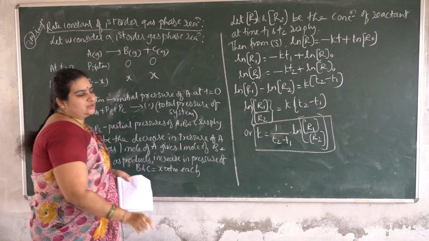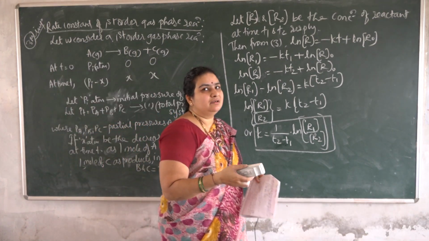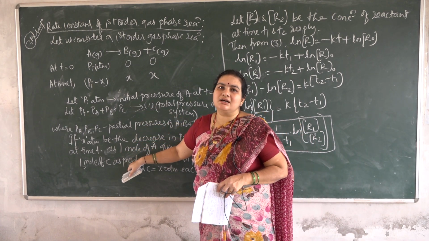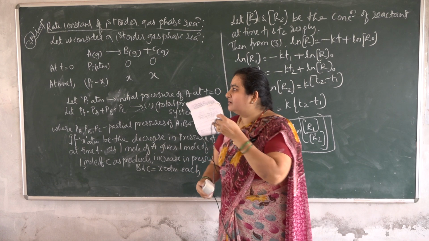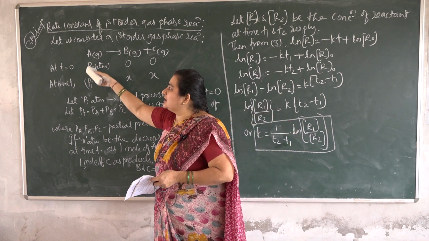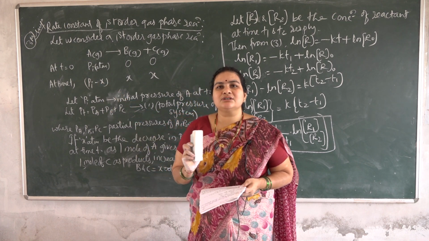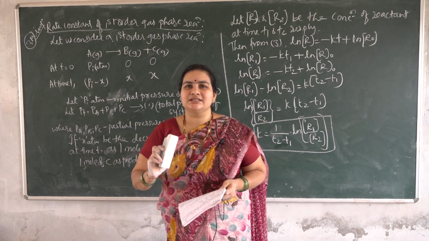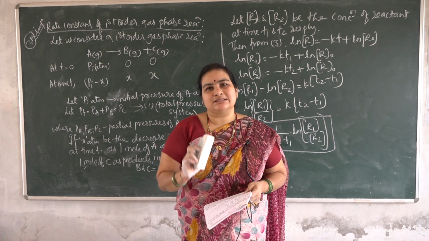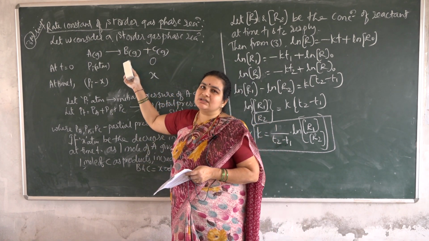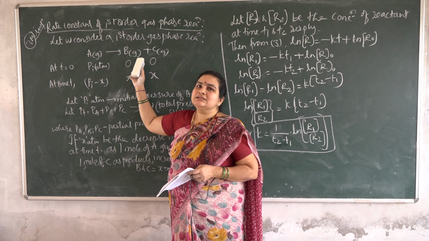Okay, so what I have explained here, I am just writing in terms of pressures. So Pi is the initial pressure of A at time t is equal to 0. Time t is equal to 0 means we have just started the reaction, not yet products are formed. At that stage product formation will be 0, so the pressure of B and C will be 0.